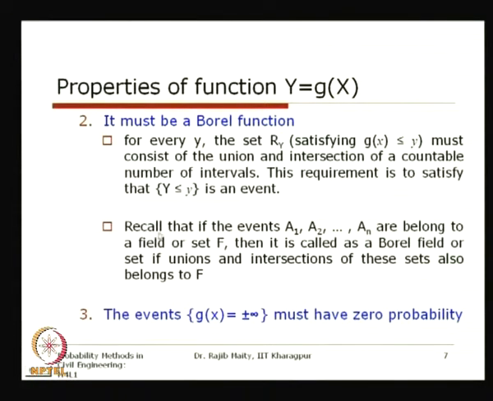If you recall, if the events A1, A2 up to An belong to a particular field of sets F, then it is called a Borel field or set if the unions and intersections of A1, A2 up to An also belong to F. So the second condition is that the function must be a Borel function.